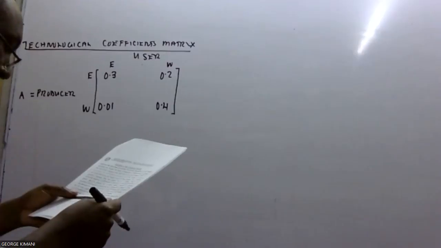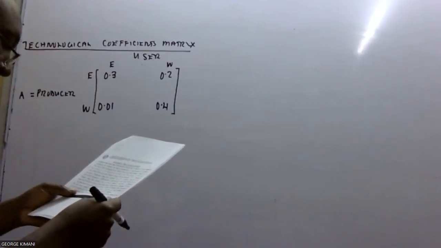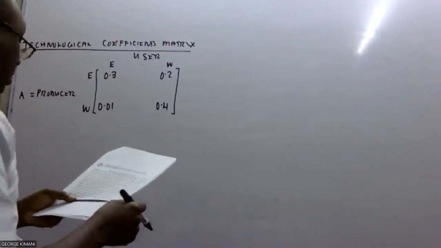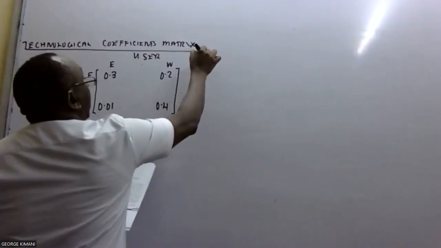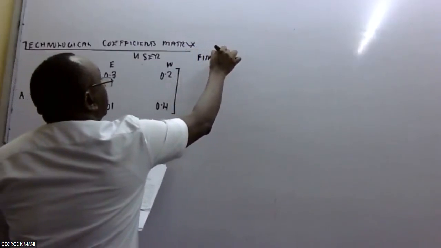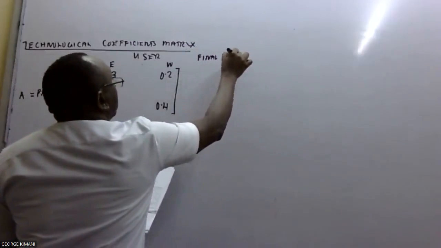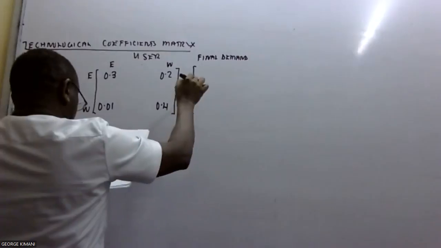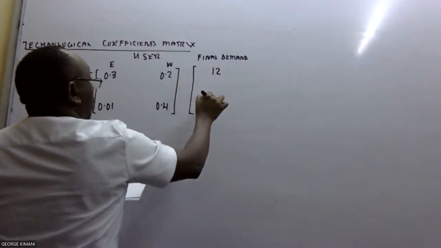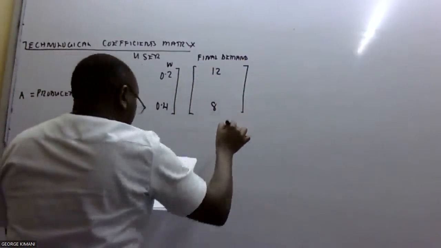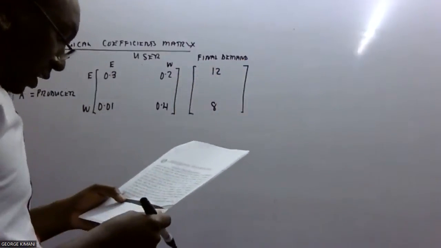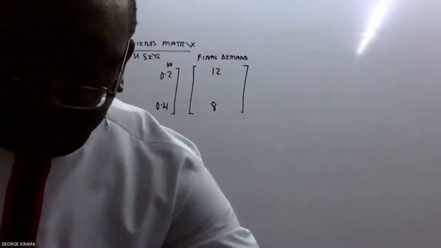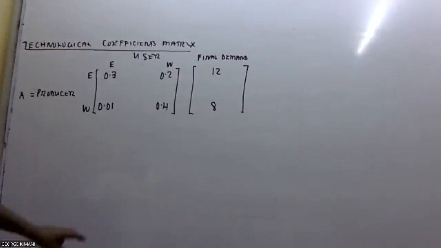The next one is the final demand for the outside sector of the economy of water and electricity. Final demand, the electricity 12, now water 8. Determine how much electricity should be produced to meet this demand.